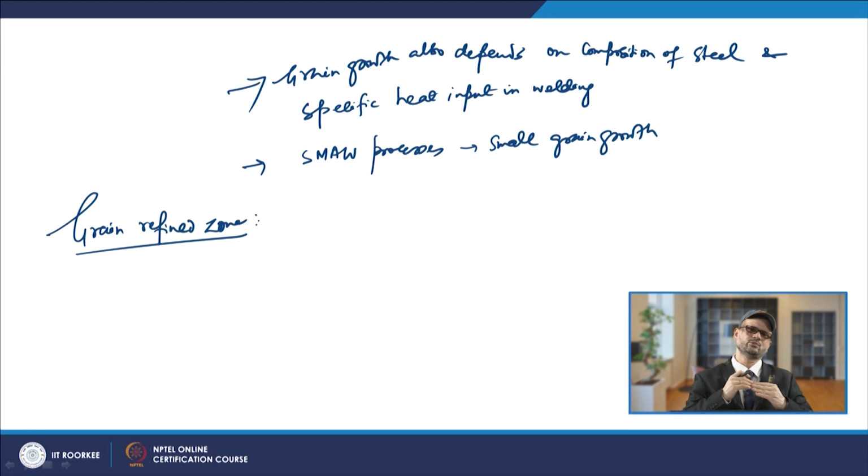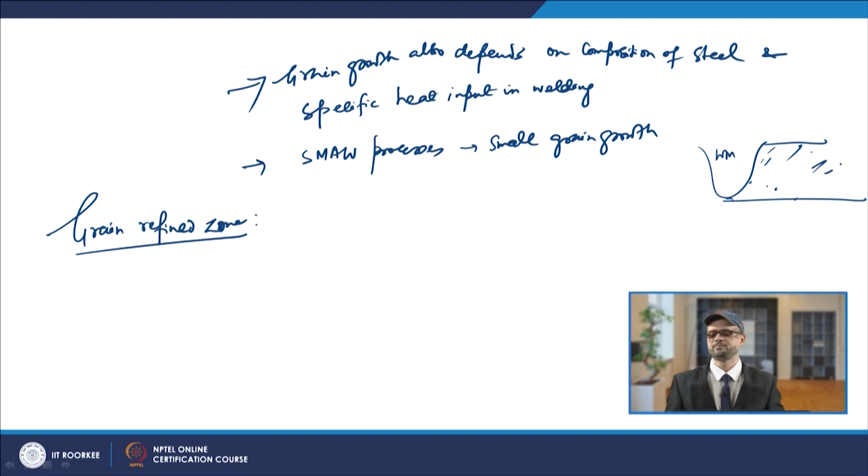So basically you are going to that temperature, once you come towards the base metal side. Suppose this is your weld metal zone, and then these are the different zones. Initially you have the fusion zone, then the unmixed zone, the grain growth zone, and after that this zone.